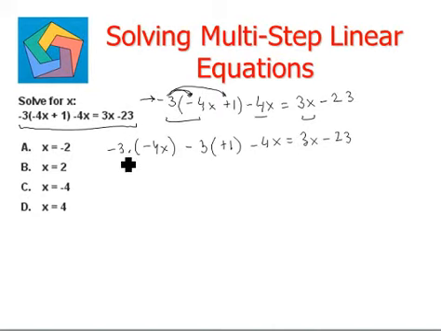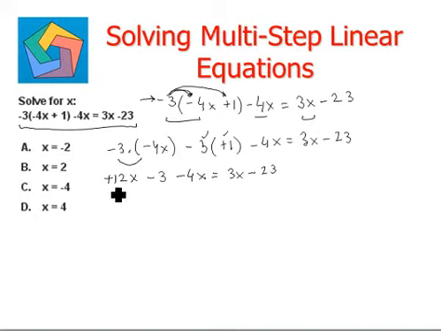Negative 3 with negative 4 when multiplied gives us a positive 12x. Two negative numbers when multiplied, the answer is positive. One negative number and one positive number when multiplied gives a negative number.